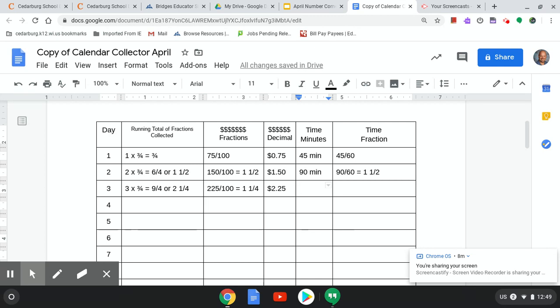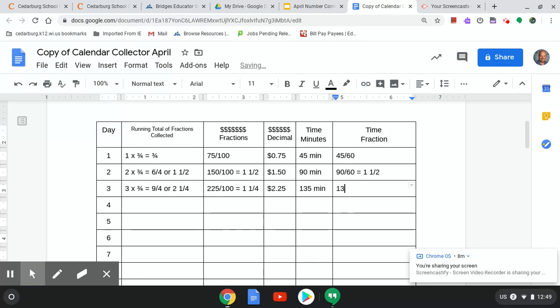Now let's think minutes. What is the pattern? If 1 3/4 of an hour was 45 and 2 3/4 of an hour was 90, how much is 3 3/4 of an hour? I think I'm just going to add another 45 to it and get 135 minutes. Awesome. So what does that look like as a fraction?